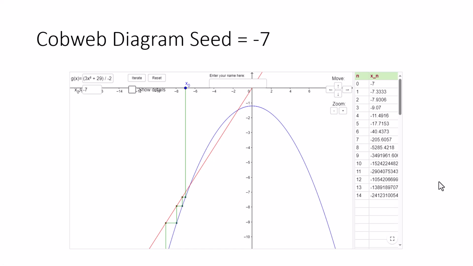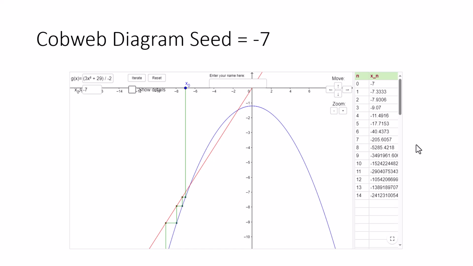So when you are applying fixed point theory, you may need to have this diagram available to see if you're even going to get to the second answer with successive guesses. That's the point of these cobweb diagrams: to show whether or not your successive guesses are going to converge to an intersection point or diverge from it.